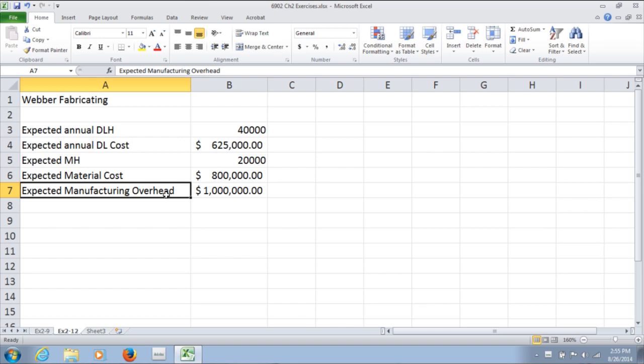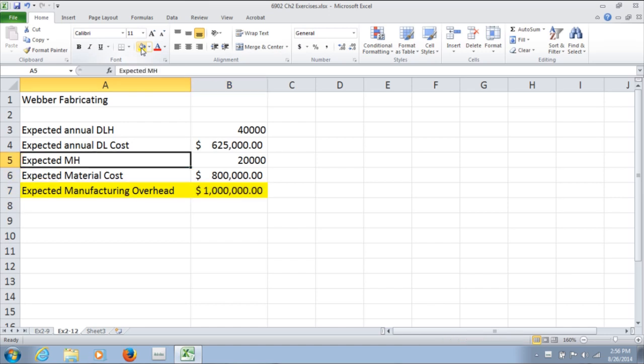So here, the expected manufacturing overhead amount is determined at the beginning of the year, and then we take various bases, either direct labor hours, direct labor cost, machine hours, or material costs, and use those as an allocation base.